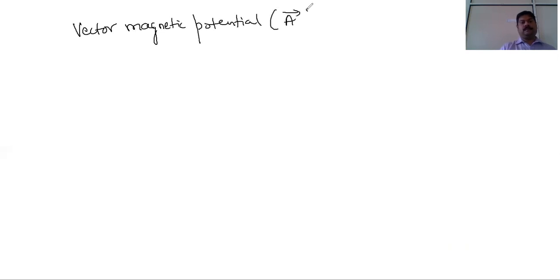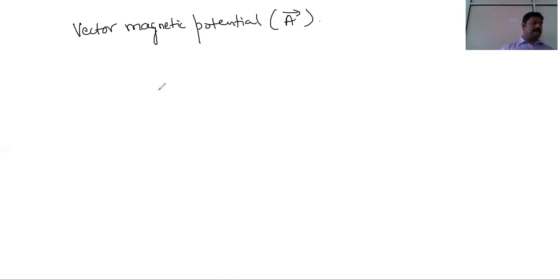So what are you going to do now? We introduce something called vector magnetic potential. So what is this vector magnetic potential?